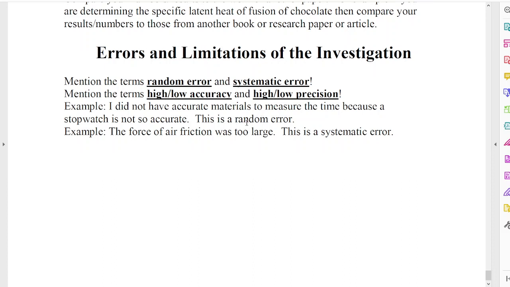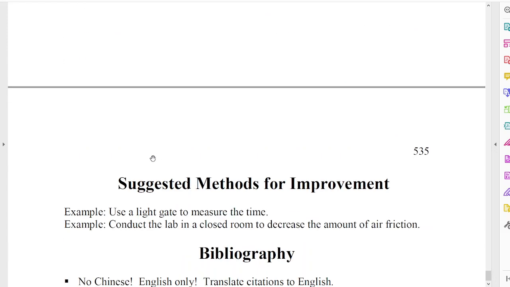That's the key word the reader is looking for. Example, the force of air friction was too large. This is a systematic error. Okay? So I just mentioned the term systematic error. That's big. Okay? That's what the reader is looking for. And these are chapter 1 terms. Random error, systematic error, high, low accuracy, and precision.